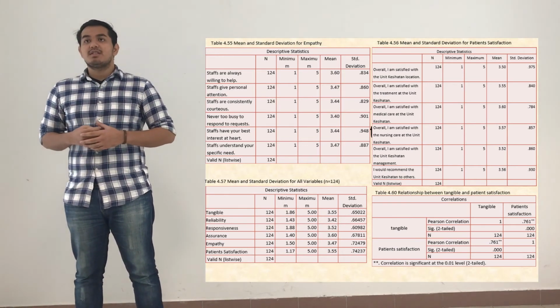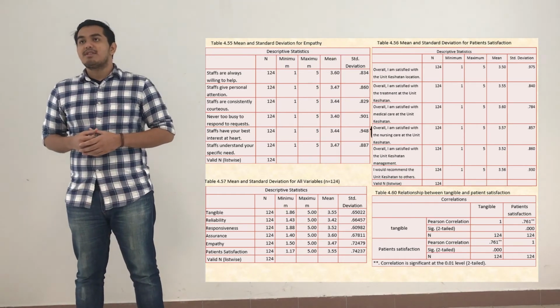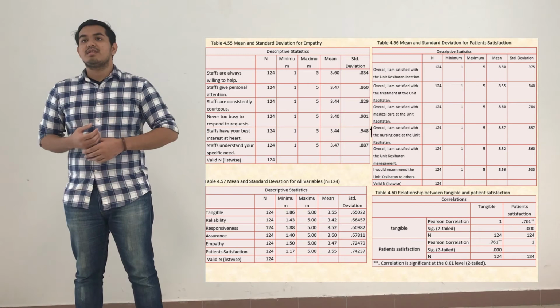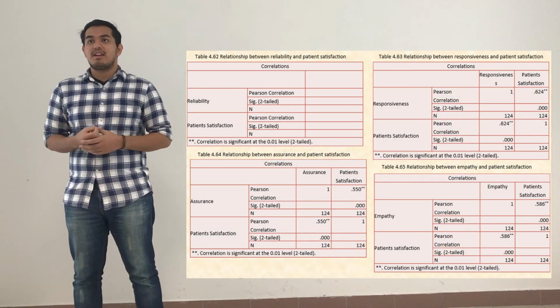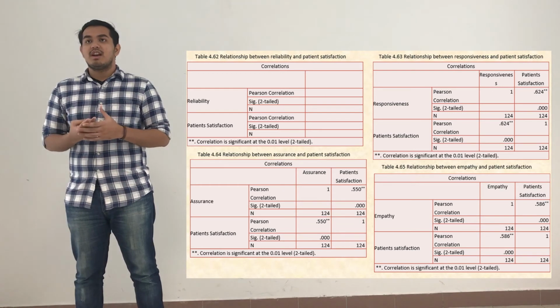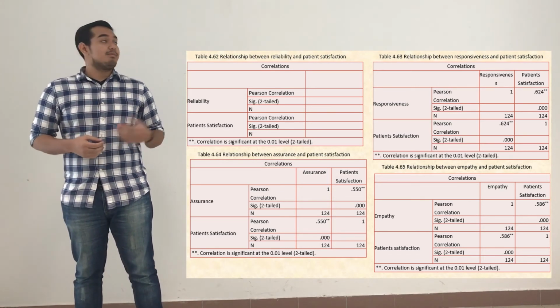Table 4.6 shows the relationship of tangible, empathy and patient satisfaction by respondent. The result demonstrates that there is a significant relationship. On the next slide, the table shows the relationship between reliability, responsiveness, and assurance and patient satisfaction by respondent. The result demonstrates that there is a positive insignificant relationship.